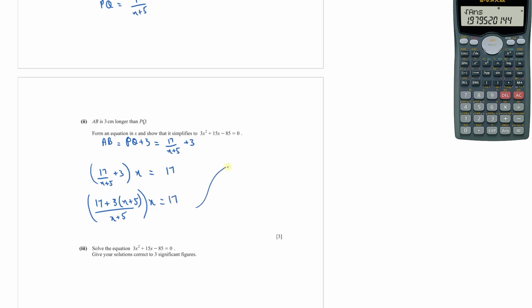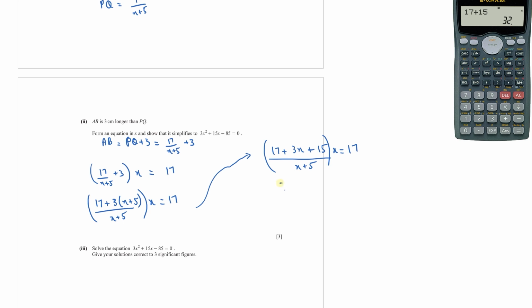I'll continue here. If I open this bracket, I will get 17 plus 3x plus 15 over x plus 5, equals 17. Sorry, this is being multiplied by x as well. So 17 plus 15 will be 32.